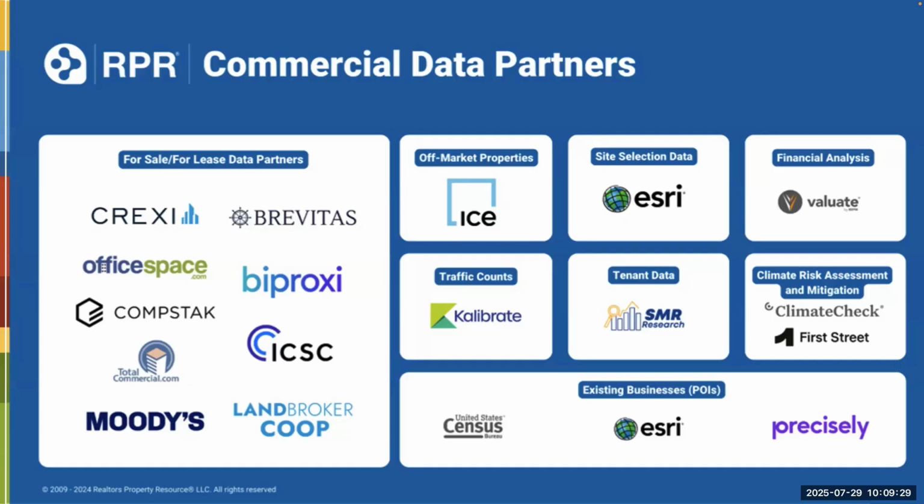Through the CompStack and RPR partnership, you are able to leave RPR and go into the CompStack database and get a market snapshot for any area across the country and see what commercial properties are selling or being leased at.